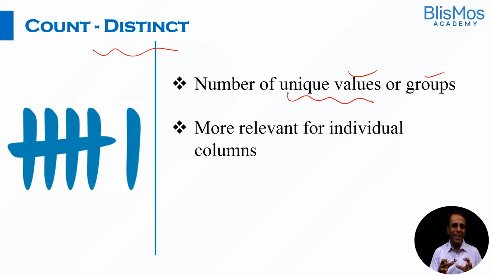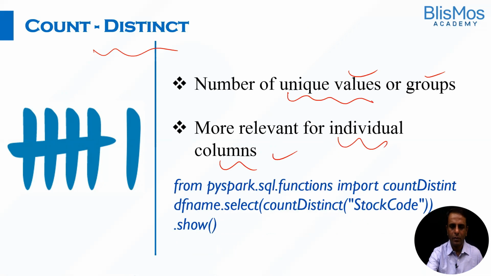Mostly, as you can imagine, it is most relevant for individual columns. How do you do it? You can import the count distinct function, and then instead of specifying count, you specify count distinct here. It will count the distinct values in this column. Easy peasy.